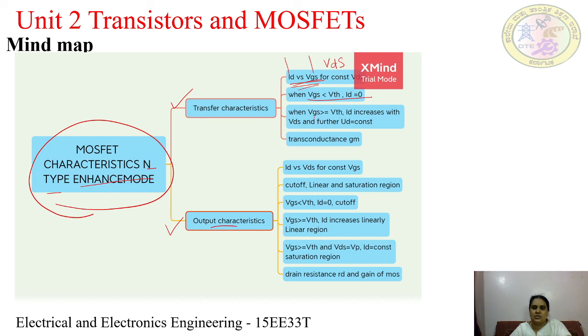When VGS is much greater than VTH, ID increases, earlier linearly, and then ID is constant. What can I obtain from the transfer characteristics? GM, the transconductance. In the output characteristics, it is ID versus VDS for constant values of VGS. Here we can learn the cutoff region, linear region and saturation region. When the drain current is 0, it is cutoff. When the drain current increases linearly, it is linear. When the drain current is constant, it is saturation. What can you obtain here? Drain resistance and the gain of the MOSFET.